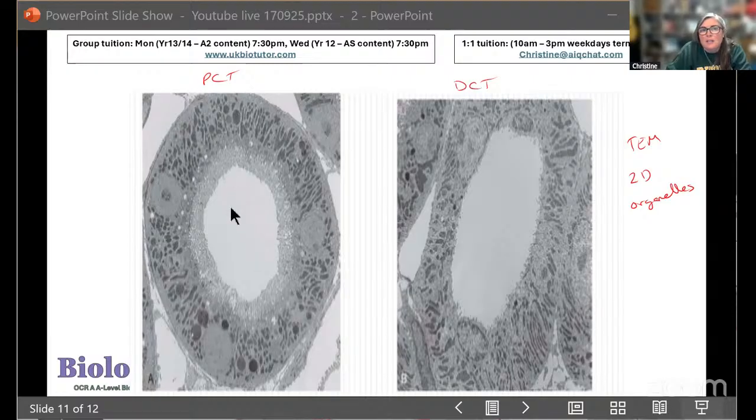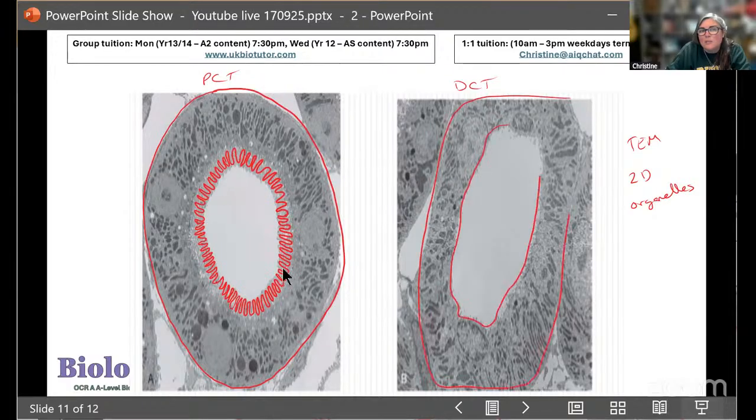We can see a difference in the lumen size, and we can also see that this one has what's known as a brush border, where we have an increased surface area, which allows for more places for reabsorption to occur. So we've got an increased surface area. We've got a smaller lumen compared to this one. So these are things that you might want to be identifying if they ask a question on that.